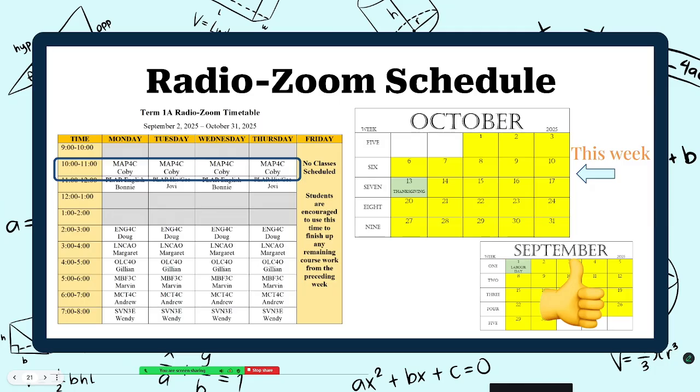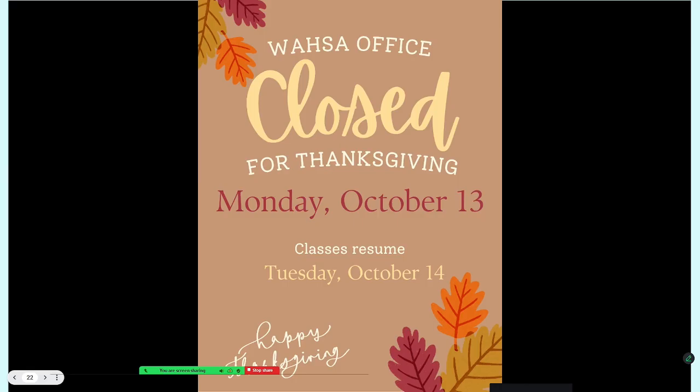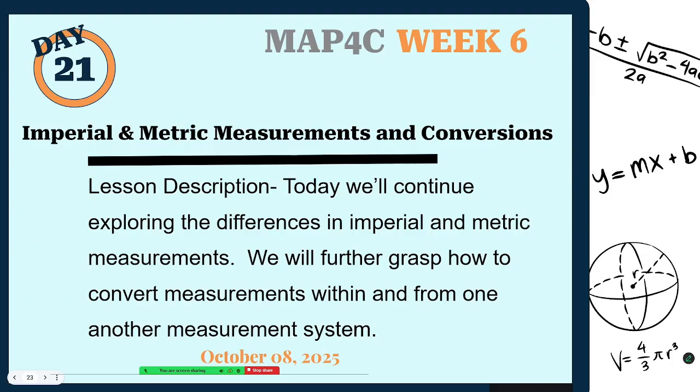On that note, let's pick up where we left off on lesson 13. We're still looking at imperial and metric measurements and conversions. We're going to continue exploring the differences in both systems. We will further grasp how to convert measurements within and from one another, the different measurement systems.